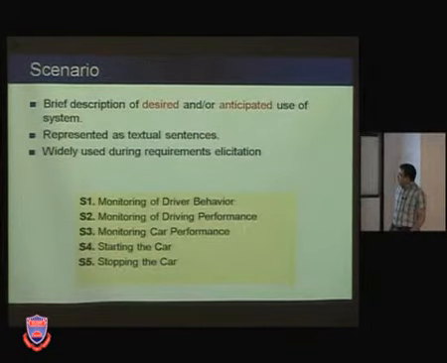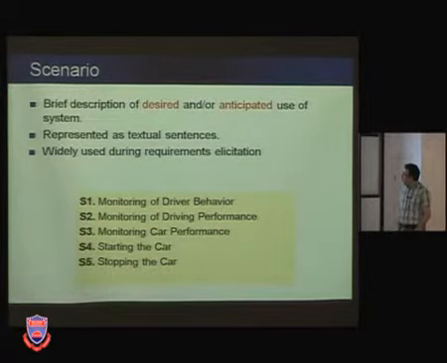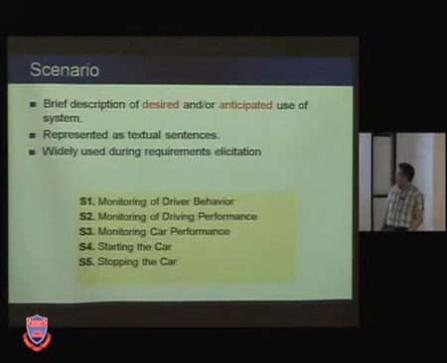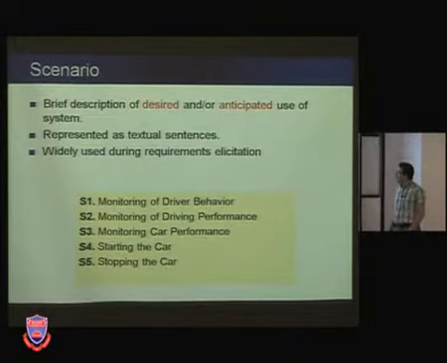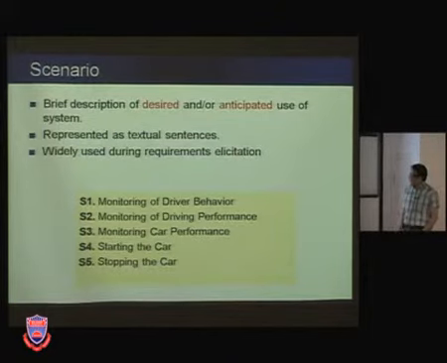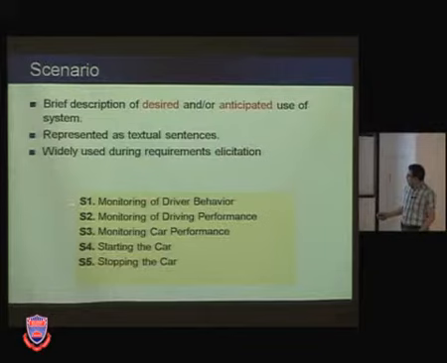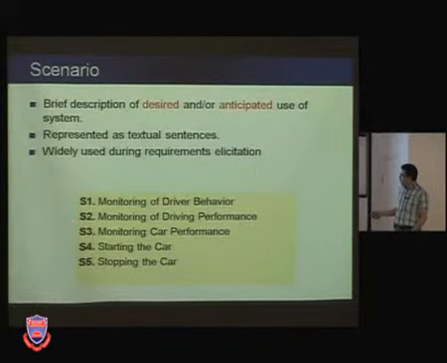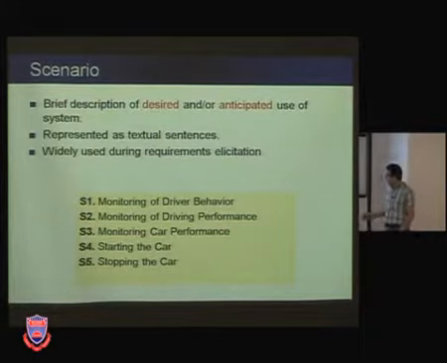But usually you use several techniques. This is the third one, where we can define the scenarios, user stories. What's a scenario? A brief description of the desired and or anticipated use of the system. For example, these are five scenarios: monitoring of driver behavior, monitoring of driving performance, car performance.